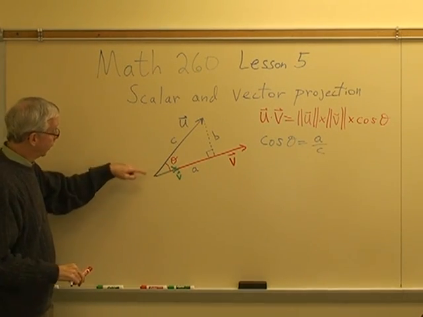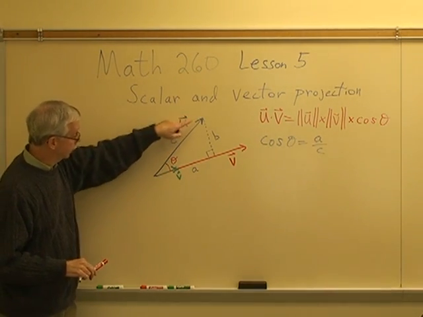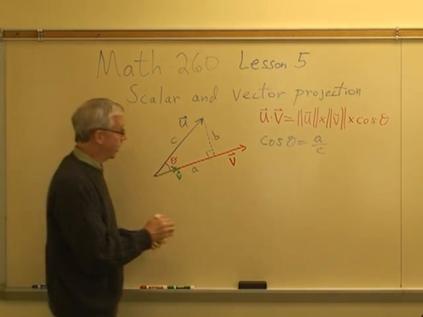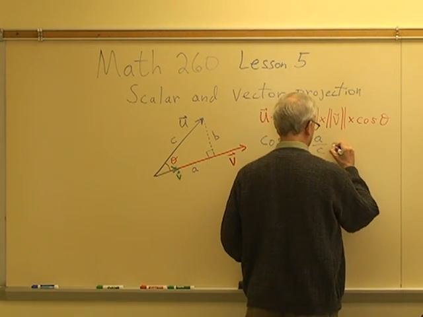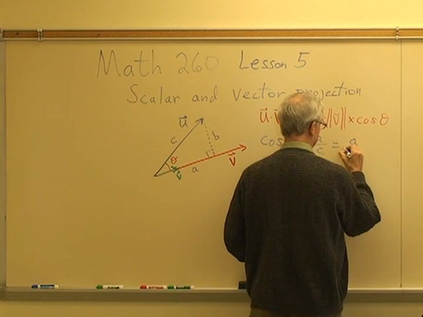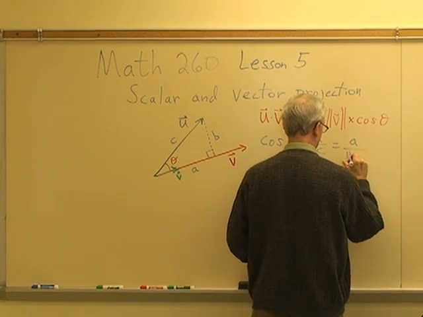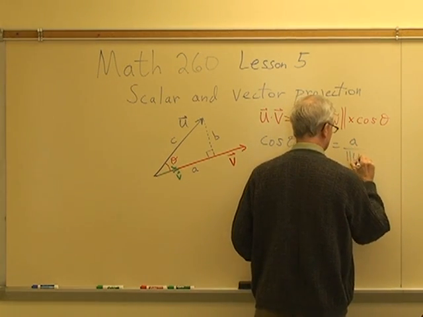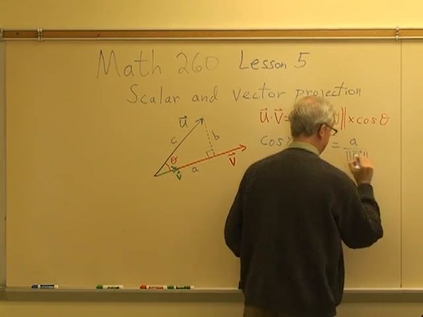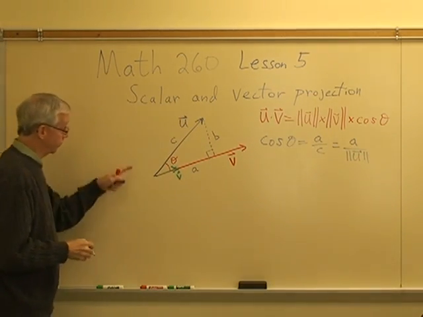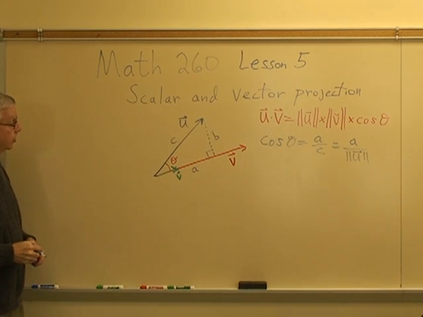But what is c? Well, it's the length of that vector. So that's the same as a divided by the length of u, because the length of u is the hypotenuse of this triangle there.